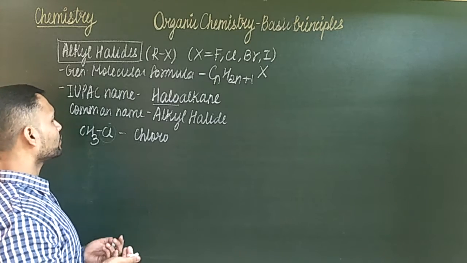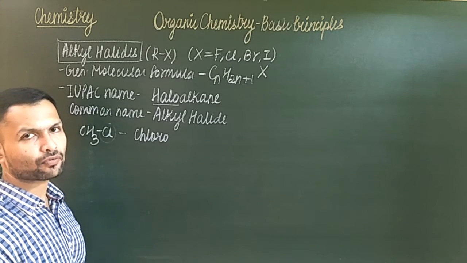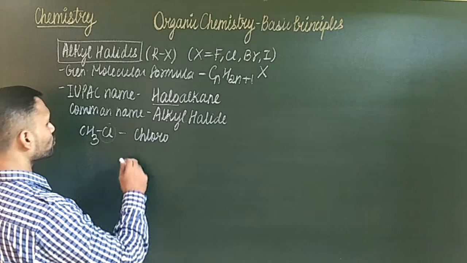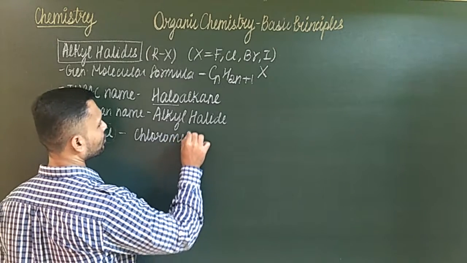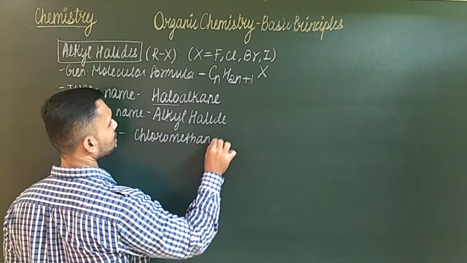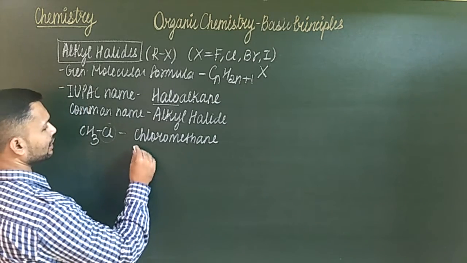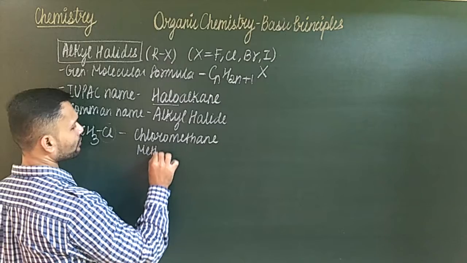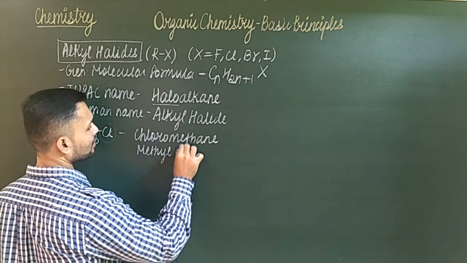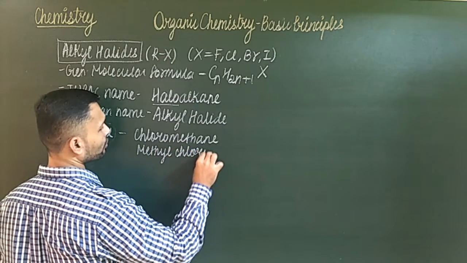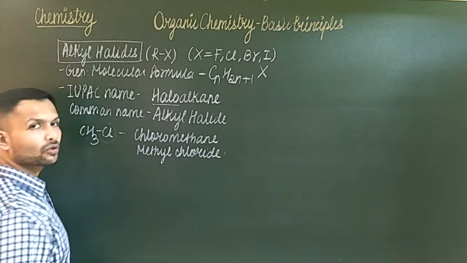If no number is given, it is by default considered as first. So chloro, and the 1 carbon root word is meth, and it is an alkane. So it is chloromethane, but in common naming we will call this methyl chloride.